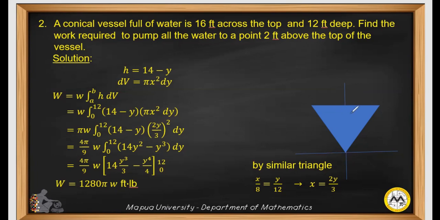Okay, so let us consider this as the y-axis and this as the x-axis, and consider this as the conical vessel. This is in the form of a right circular cone.